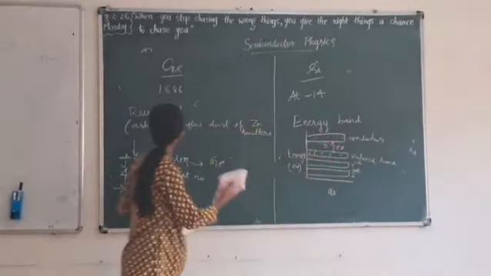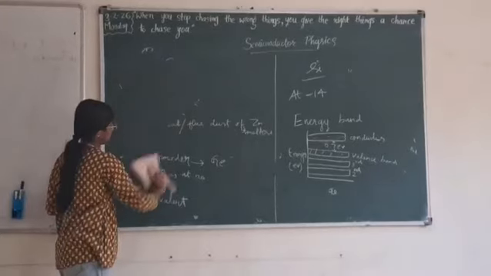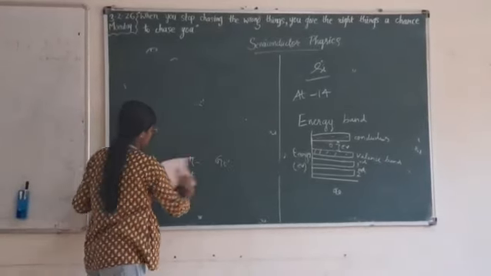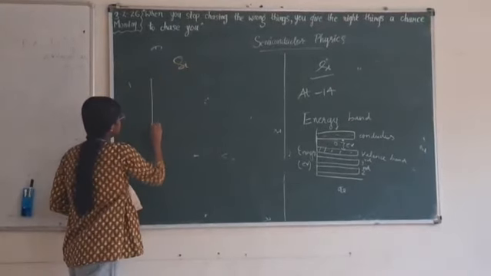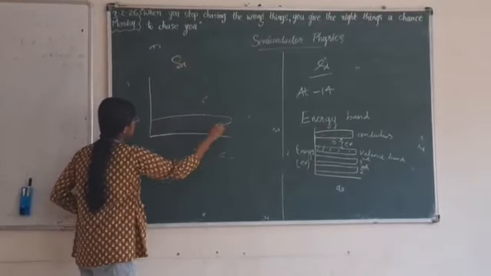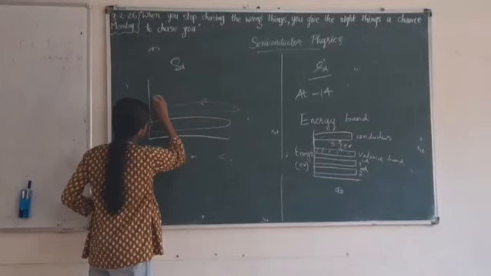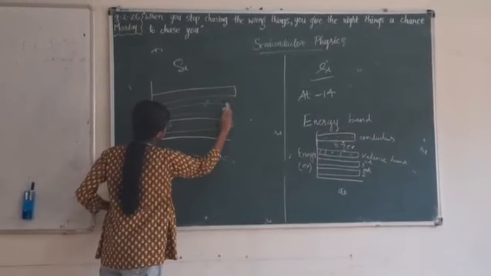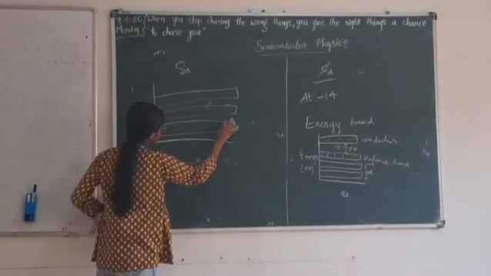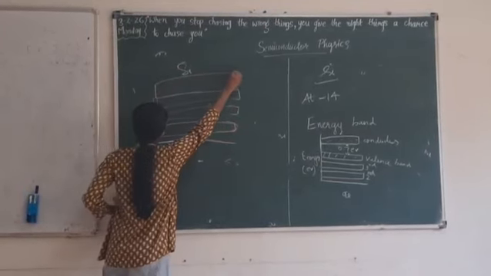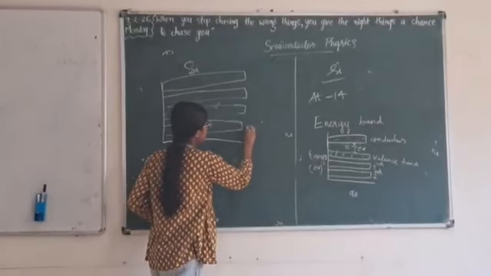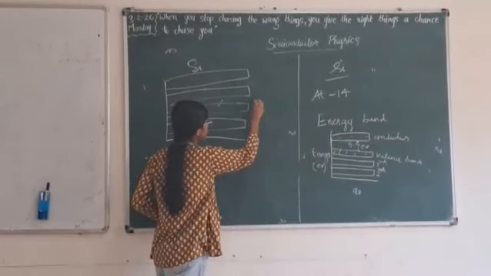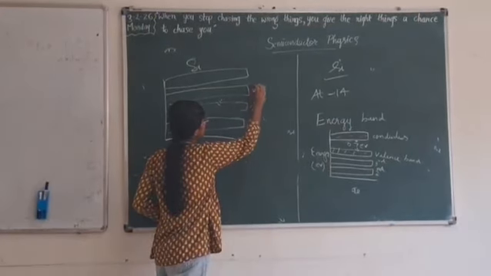Next is silicon. This is the first band of silicon. This is the second band. This is valence band.